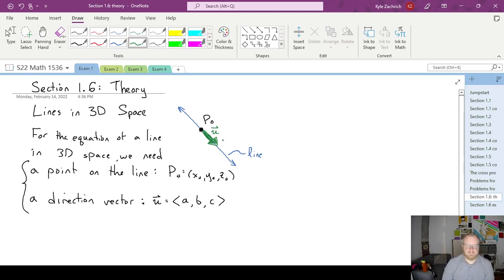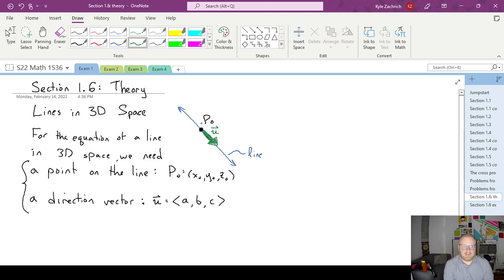Now, something you may notice right away, and we'll get to this, is that if you take this u vector and you point it in the other direction, so if you make a negative u vector, that also would define that line, because really we just need one direction, and then we'll assume that it travels infinitely in the opposite direction as well.